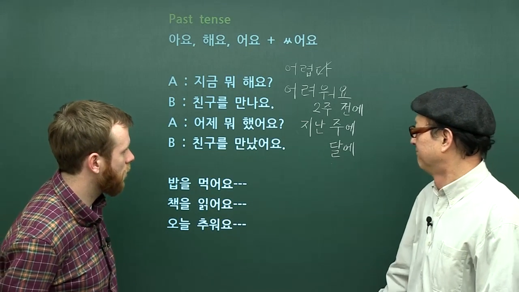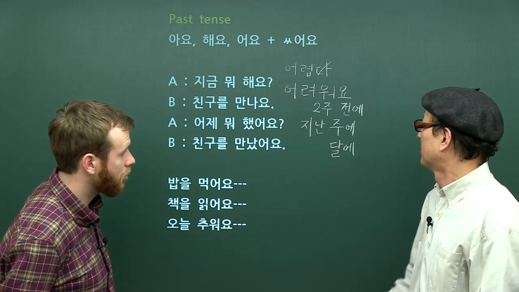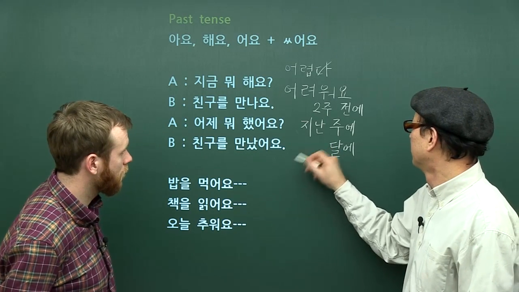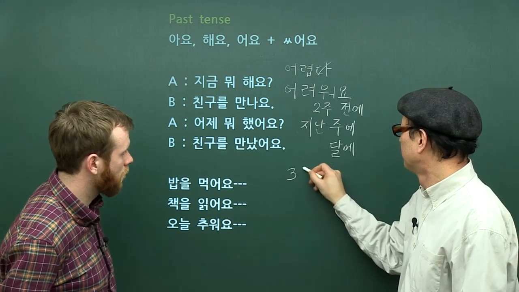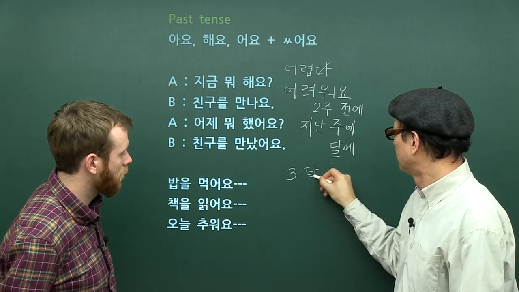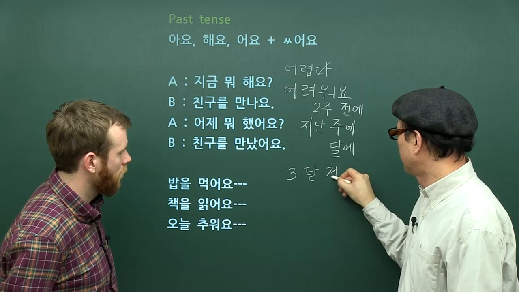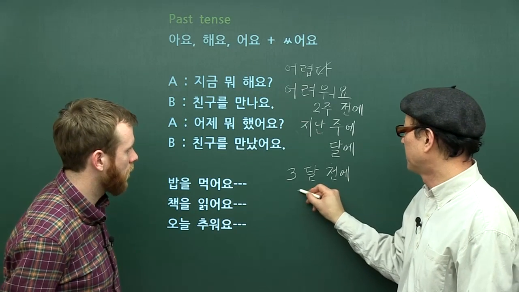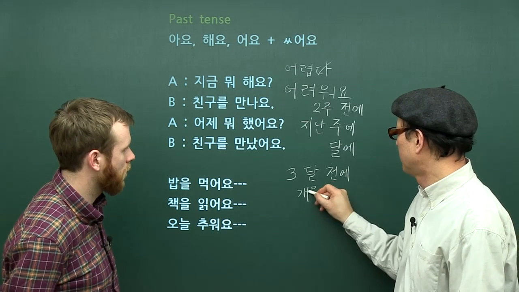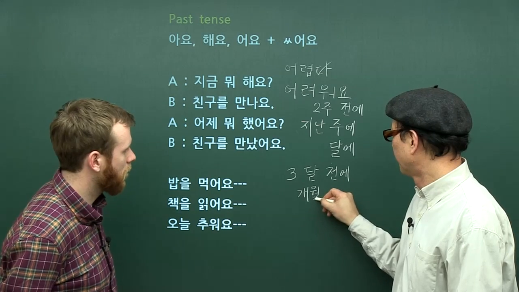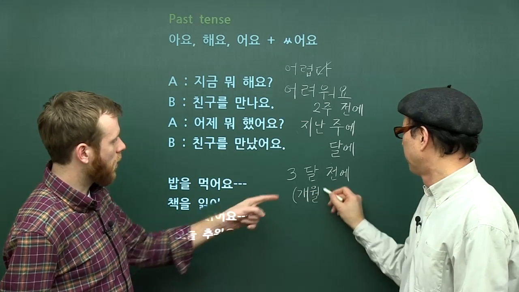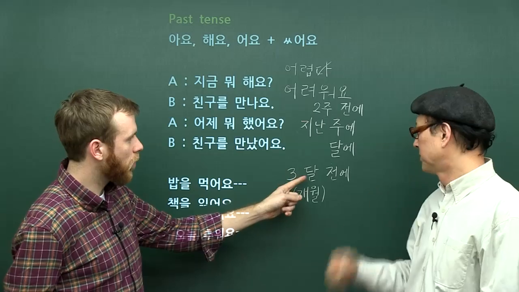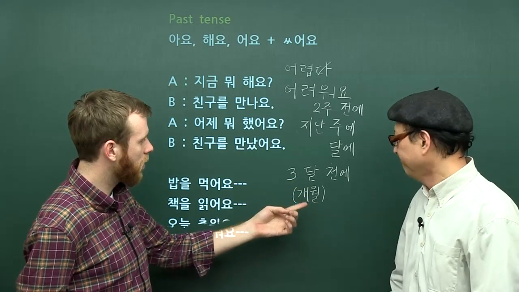How about 3 months ago? 그거는 이제 전에 same. 여기 달이 될 수도 있고 또 개월이 될 수도 있어요. Again, there are 2 different words for month and for moon.